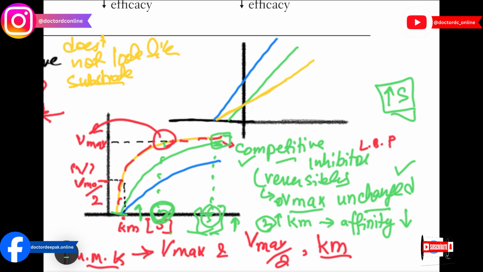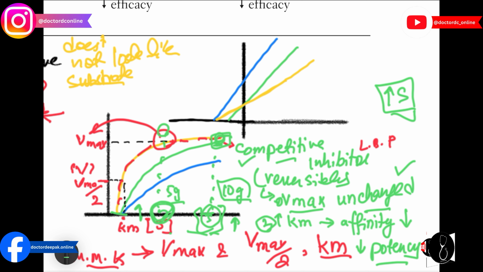And our third point is that you are getting the same effect. For example, this is 5 grams and this is 10 grams. On 5 grams you are getting an effect when there is no inhibitor, but after applying some inhibitor, you get the same effect on 10 grams. So basically, the potency will decrease.